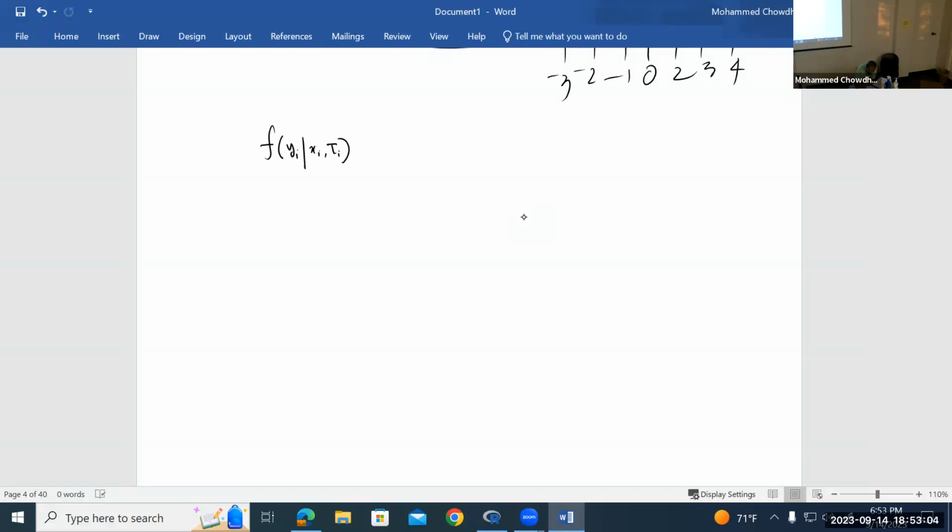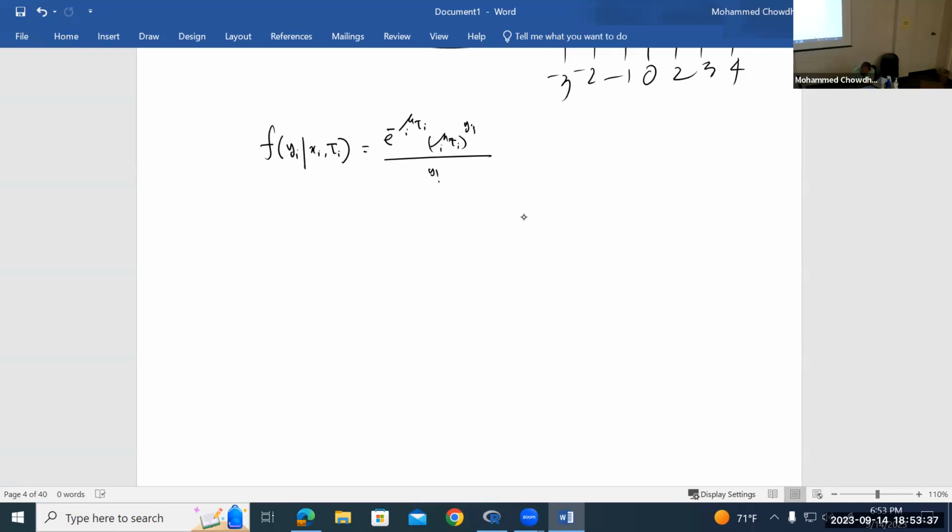On that parameter, I want to write it as a Poisson: e to the power minus mu_i tau_i, and then (mu_i tau_i) to the power y_i, divided by y_i factorial. This is called the Poisson distribution where the hidden parameter tau_i is in there.